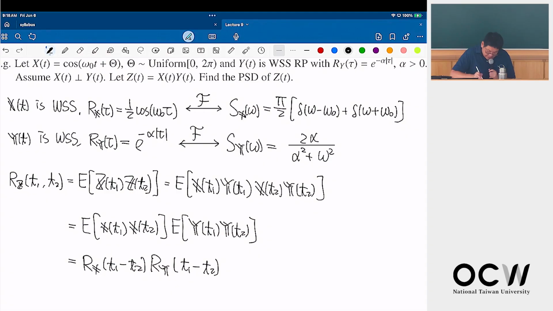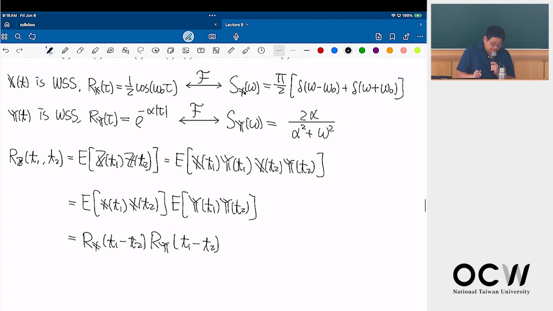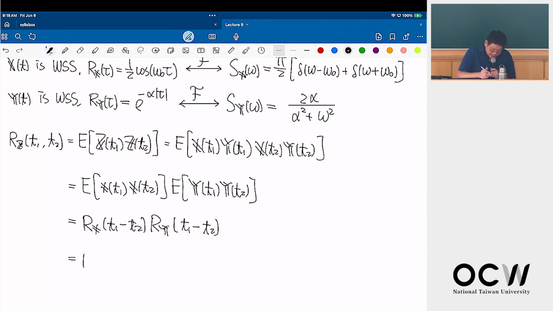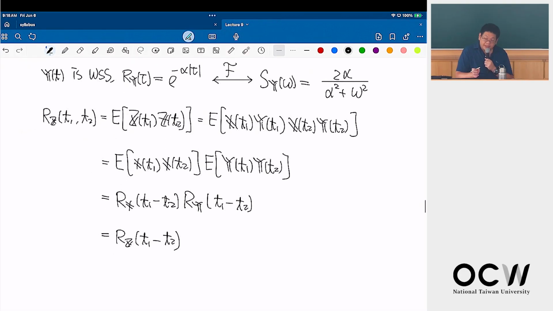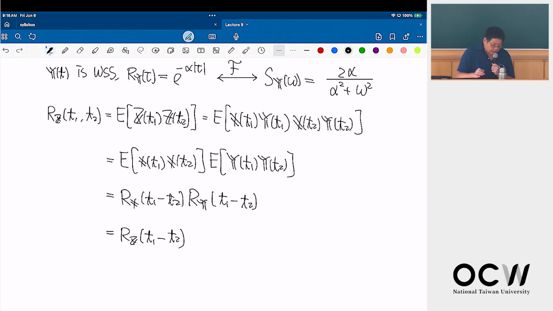And you can see this is the time difference. Then we can combine it as the autocorrelation of z with the time difference. So actually z is also wide-sense stationary. Then we can take the Fourier transform to find the power spectrum.